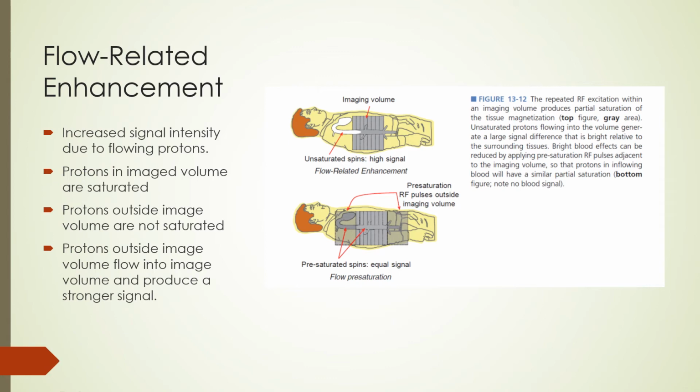This is dependent on the T1 and TR of the pulse sequence. Blood outside of the image volume is not being excited, so the protons are unsaturated. When these protons from outside the image volume enter the imaged volume, they produce a larger signal than the blood in the image volume. This is called flow-related enhancement.